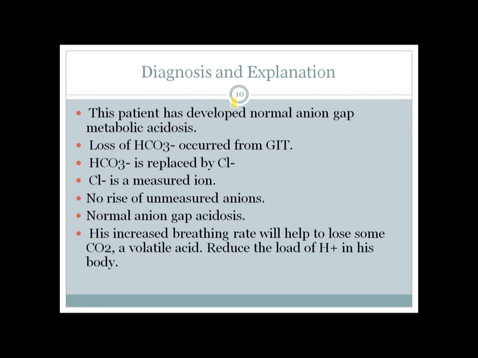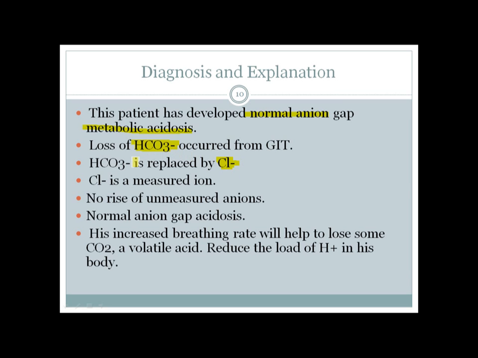First, this patient has developed a normal anion gap metabolic acidosis. Why is that? First of all, this patient has diarrhea, and in diarrhea you lose a lot of bicarbonate from your gastrointestinal tract. One interesting thing is that this loss of bicarbonate is replaced by another anion, which is chloride. As you remember from your previous slides, chloride and bicarbonate together make up the measured anions.